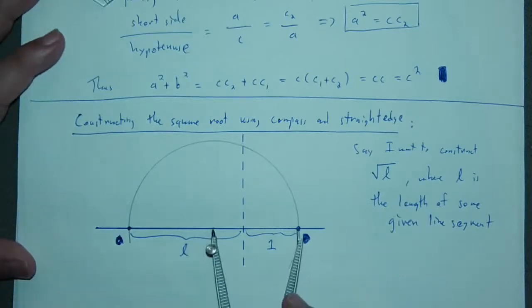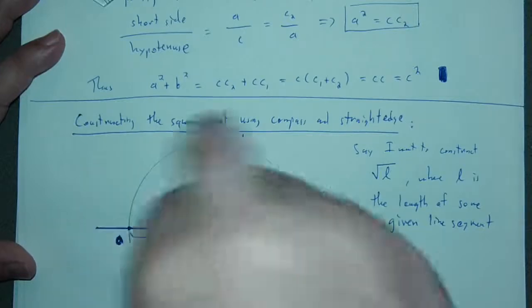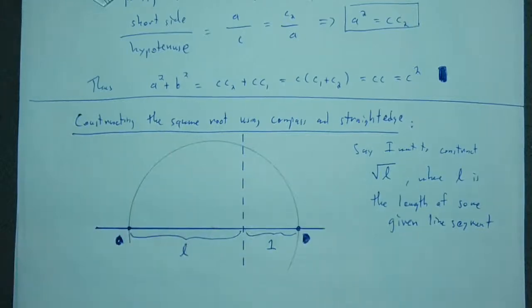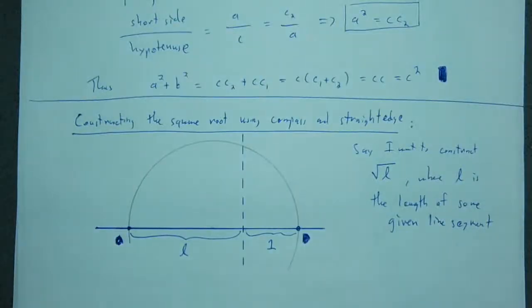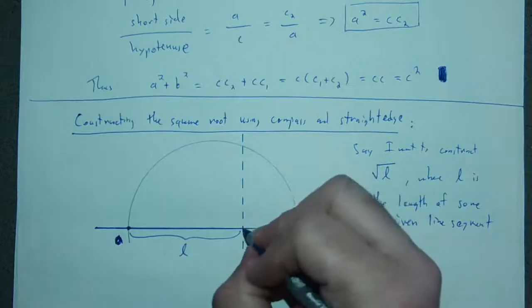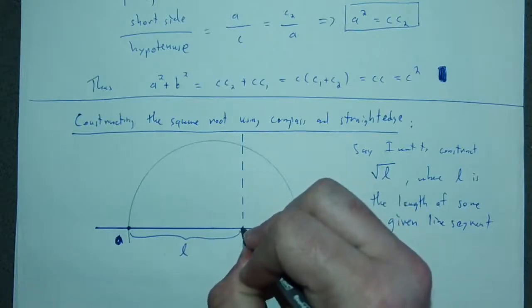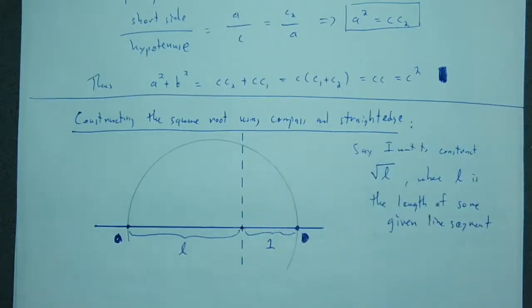Again, I would find this radius through bisecting the line segment L plus 1. So I find this radius here. I draw in that circle. Once I've drawn in that circle, I draw in the dashed line that is perpendicular to my diameter at this point, right?